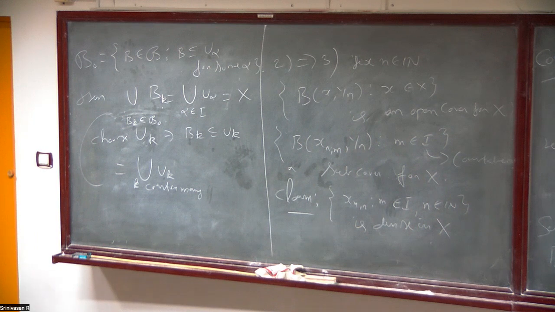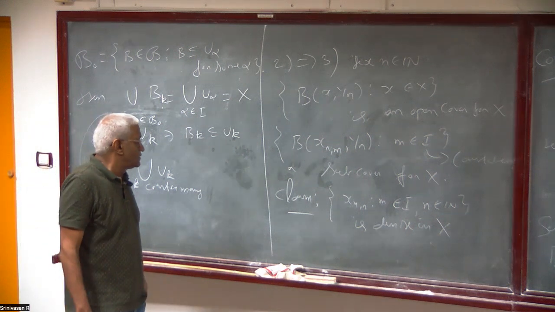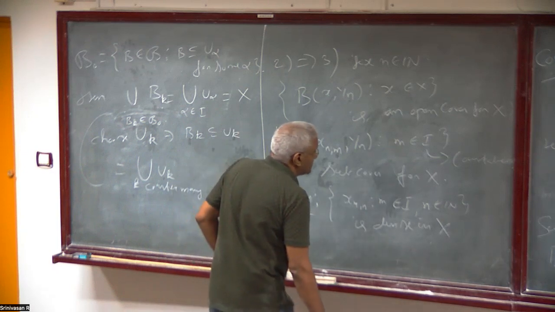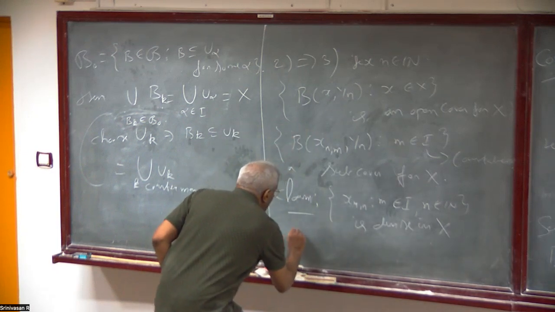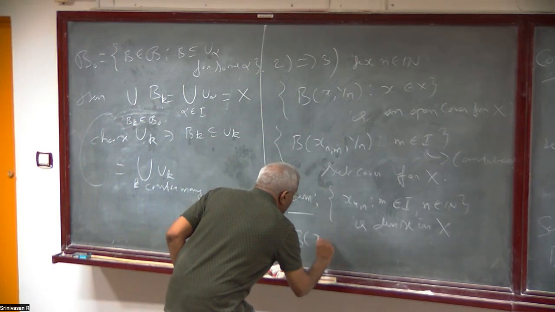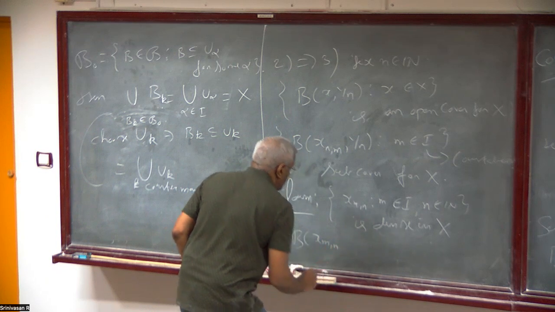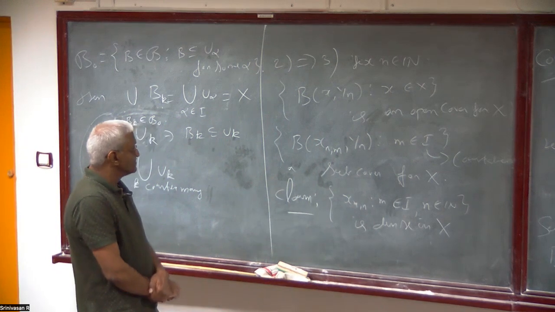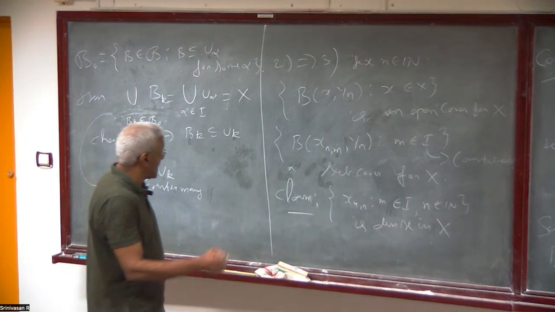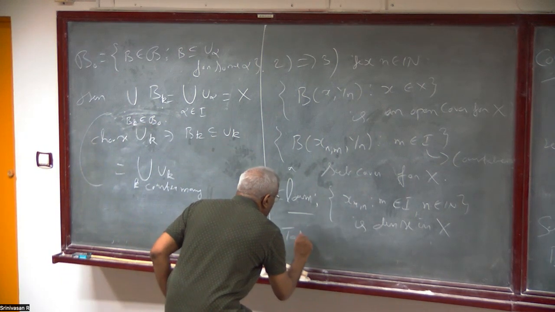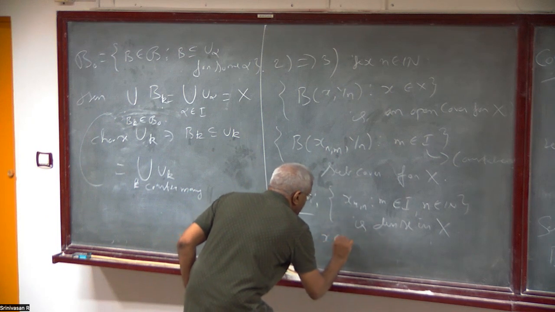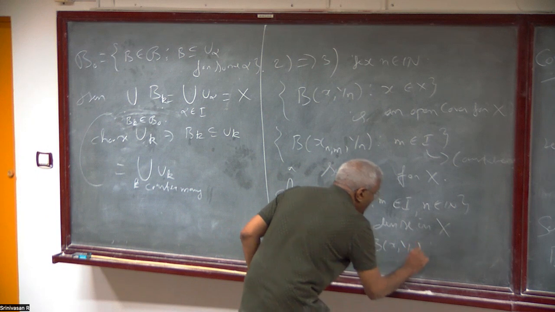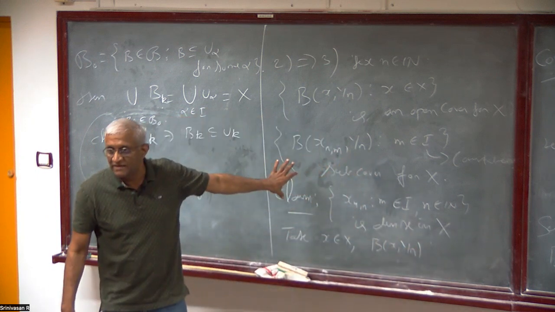So why is this true? To prove that this is dense, we take x in X, and for any B(x, 1/n), we have to intersect with this set.